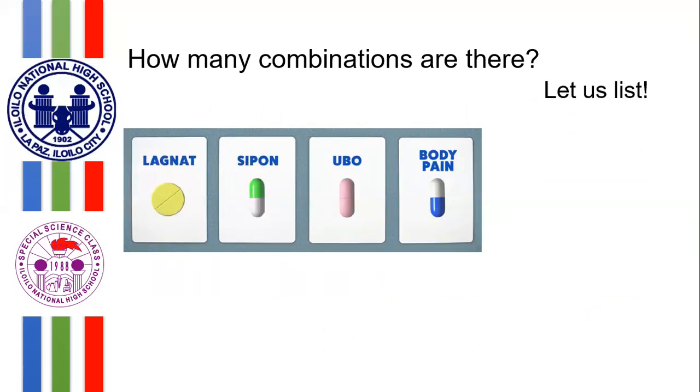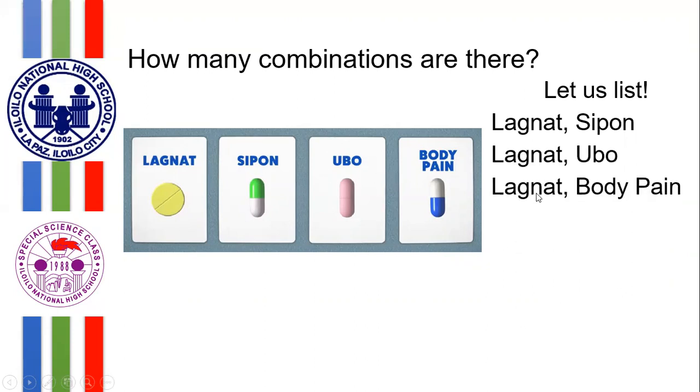We could actually list all of them because it is manageable. I will start from left to right. I will go lagnat, sipon, after which I'll go lagnat, ubo, then lagnat, body pain. So now I was able to list those that involve lagnat, or in English, fever.